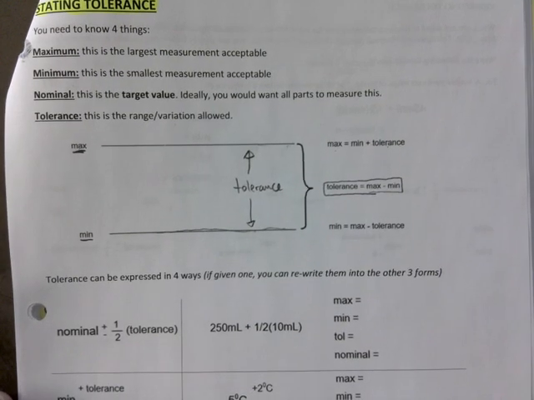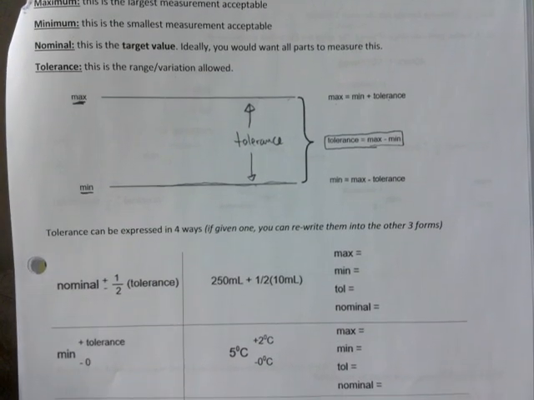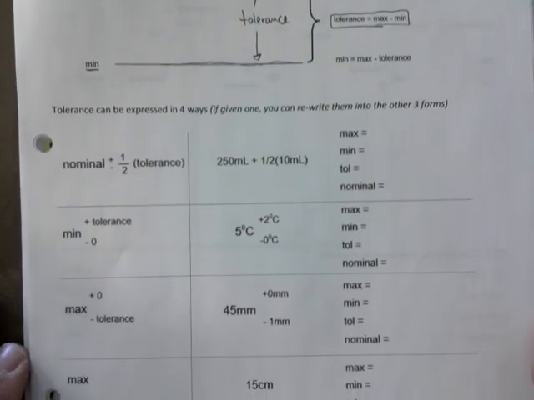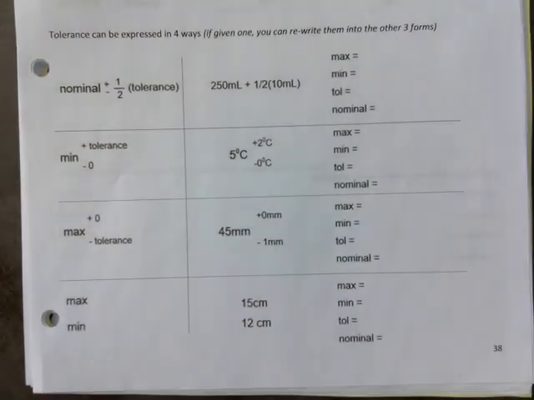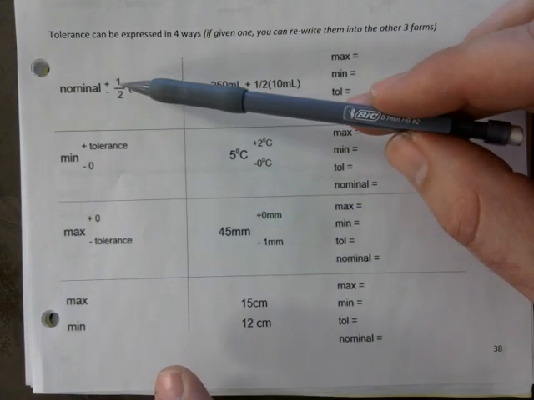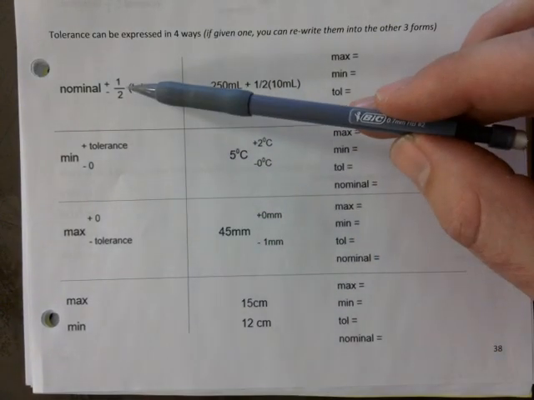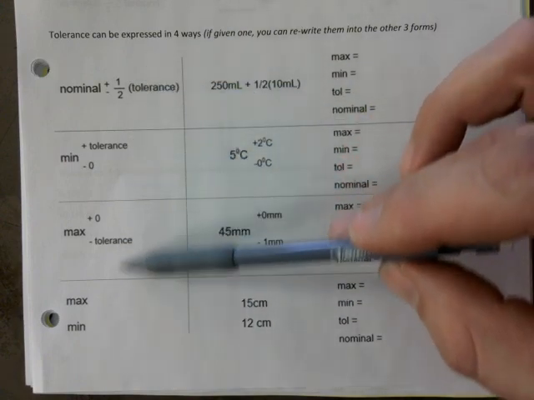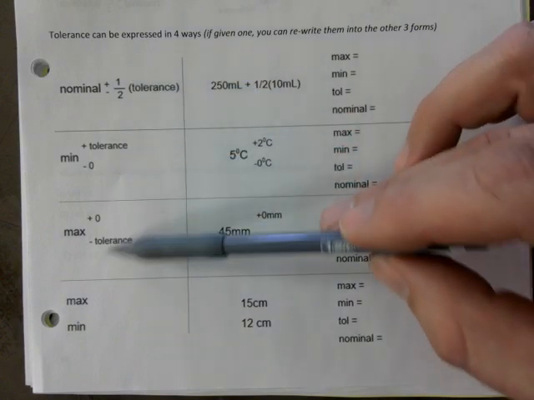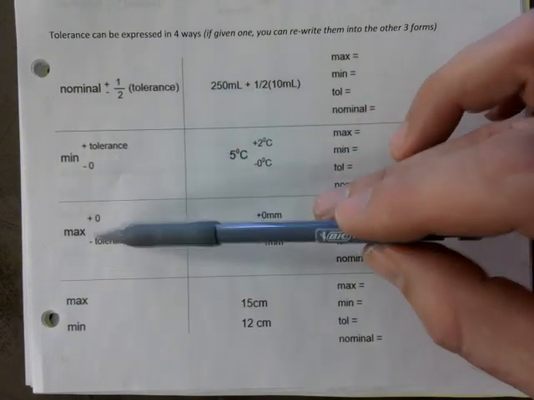Okay, let's put this to the test here. Before I do anything, guys, I'm going to stop right here. Pay attention, guys. These are the four standard ways of stating tolerance. These are four ways. The province wants you to know all four ways.